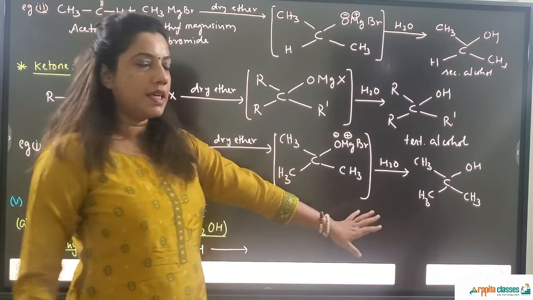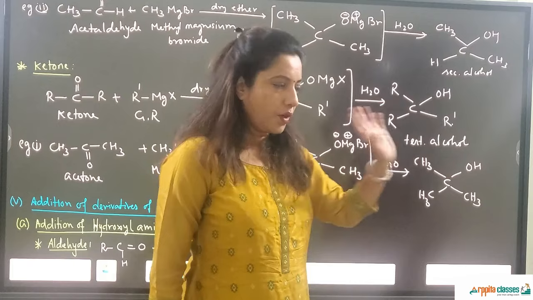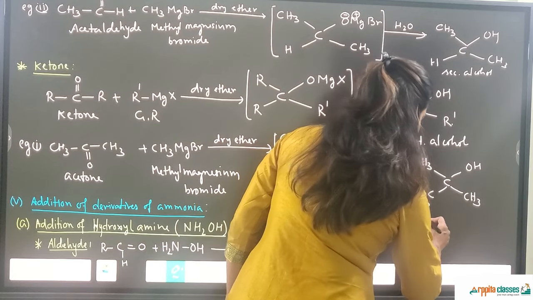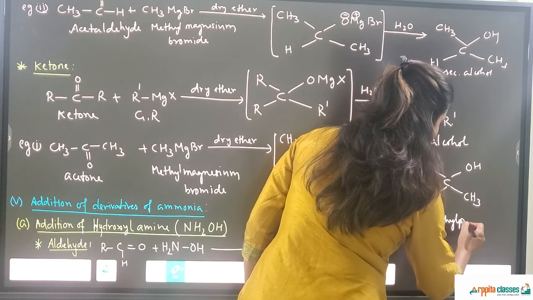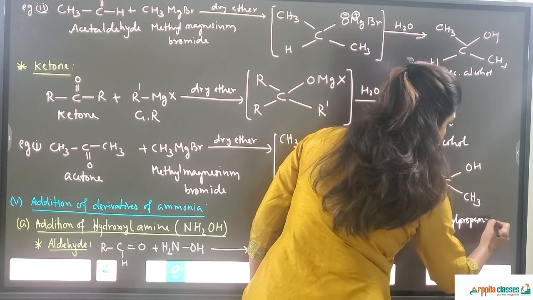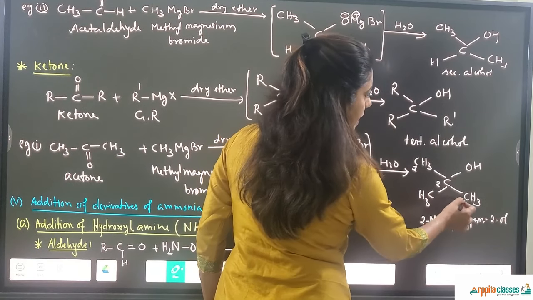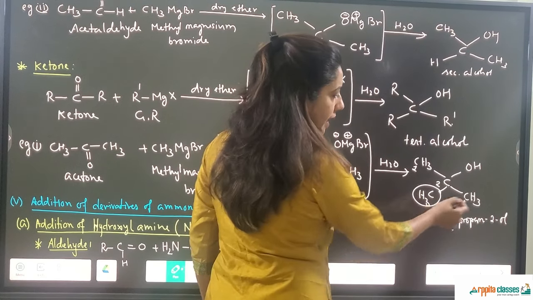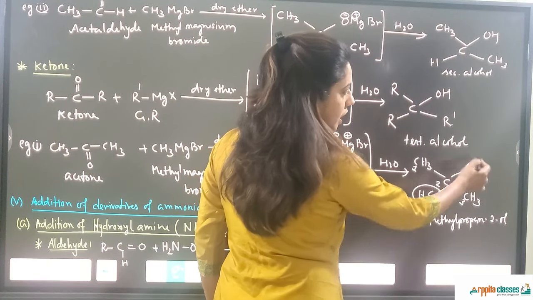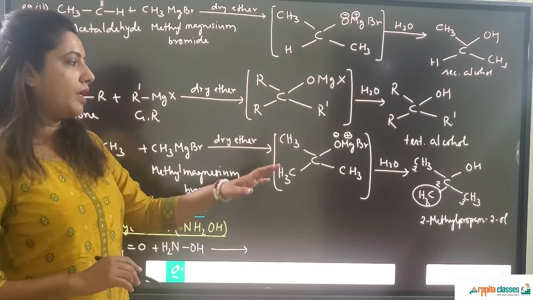You can clearly see this carbon atom is a tertiary carbon atom and this is a tertiary alcohol. What's the name of this? It is 2-methylpropan-2-ol. This is your first carbon, second carbon and third carbon. In the second carbon we have got a methyl group. So 2-methyl, the root is propane, 2-ol. So that is your compound, 2-methylpropan-2-ol.